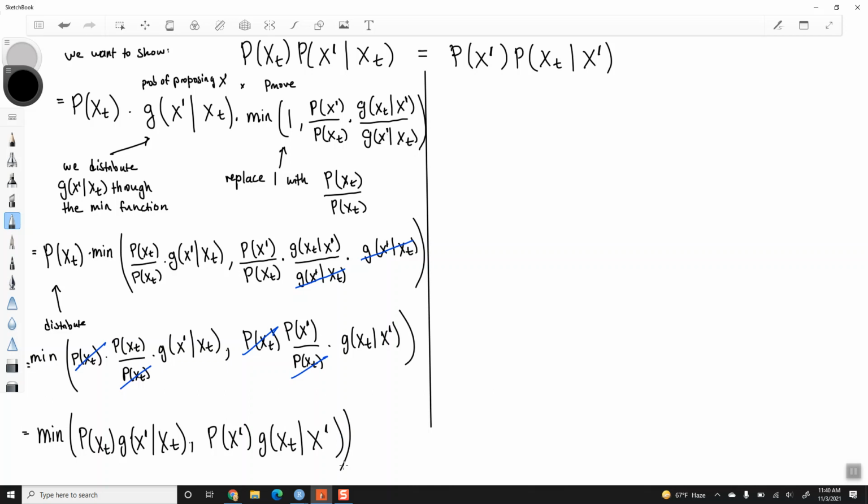Okay? Basically, we're going to do the exact same thing on the other side, and I'm going to just go through this part really quickly. I'm not even going to bother explaining my steps because it's pretty much the same thing, except I've got x prime swapped with xt's.